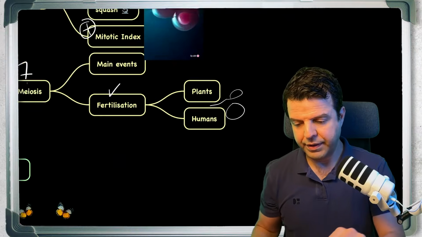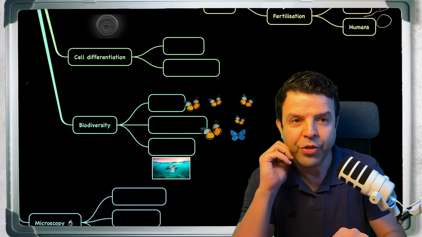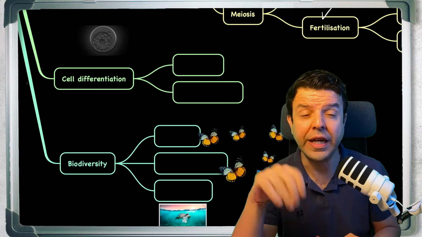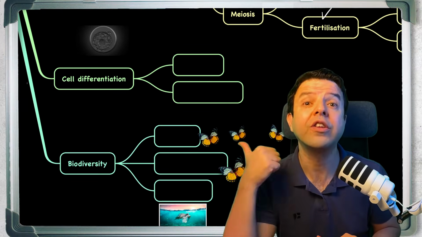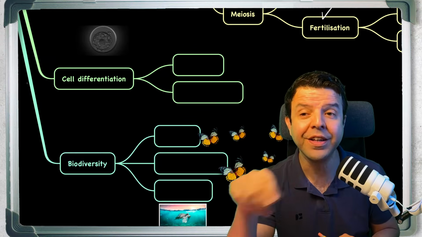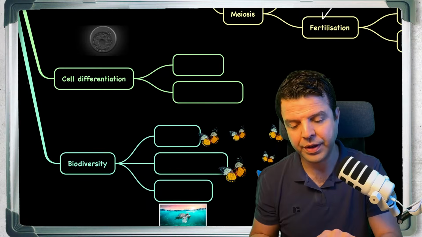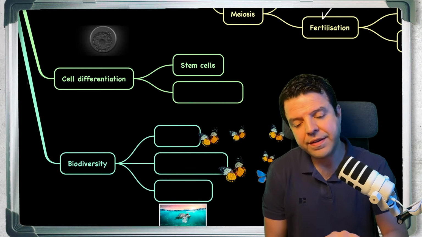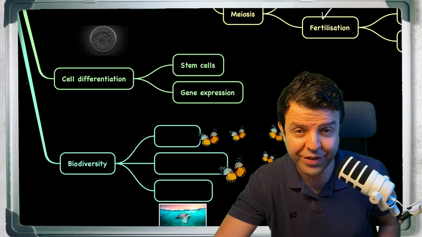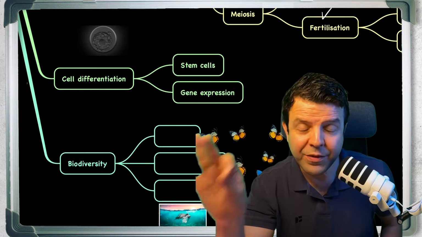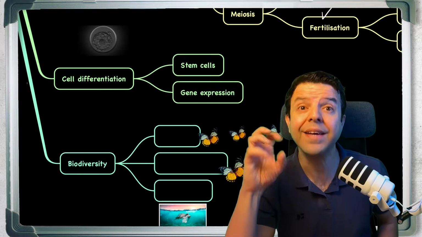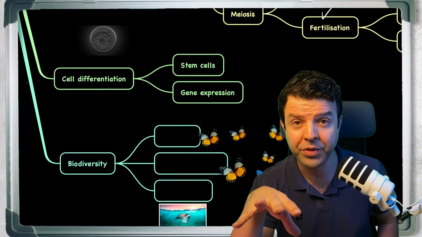Now, the last 2 things you need to know. One is called cell differentiation, also quite very related to Unit 1, mainly to gene expression. So here in this section, you will be following the events of translation, but in this part, you will learn how genes are turned on, off, based on the requirements.